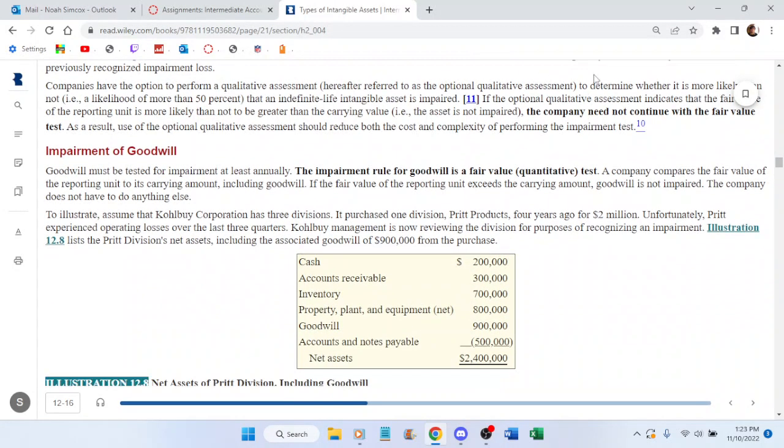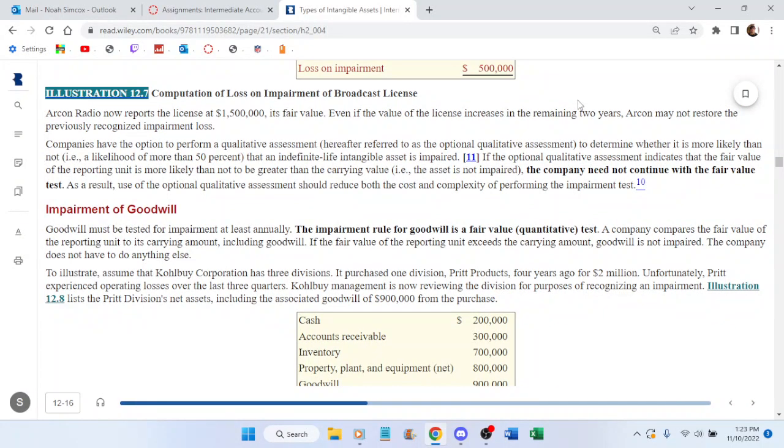Companies have the option to perform a qualitative assessment, which is referred to as an optional qualitative assessment.